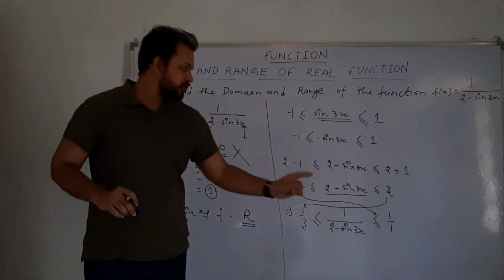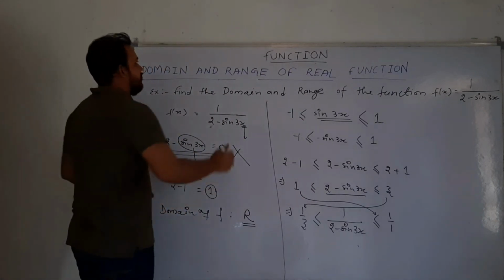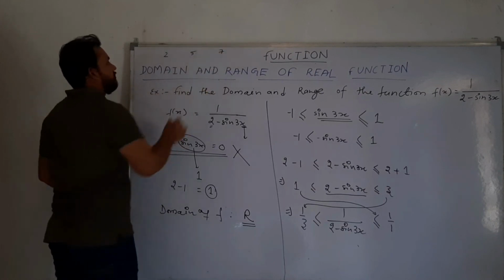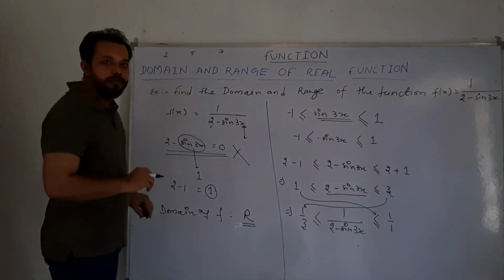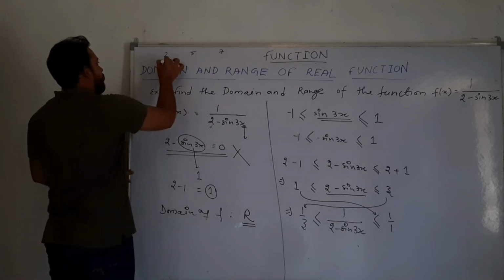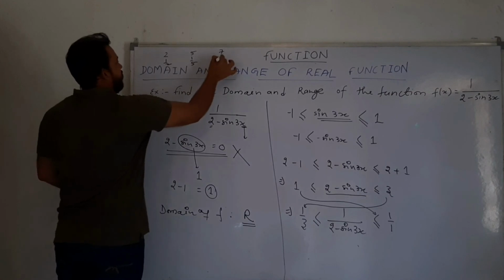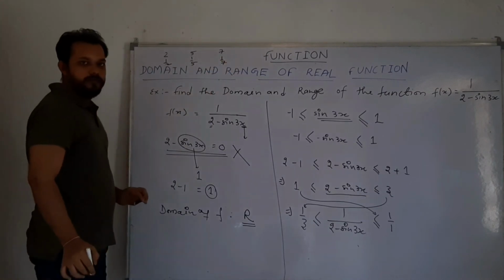Let me explain this situation with a simple example. Suppose we have three numbers, that is 2, 5, 7. Now we will reciprocate all the three numbers. So 2 will become 1 upon 2, 5 will become 1 upon 5, 7 will become 1 upon 7.